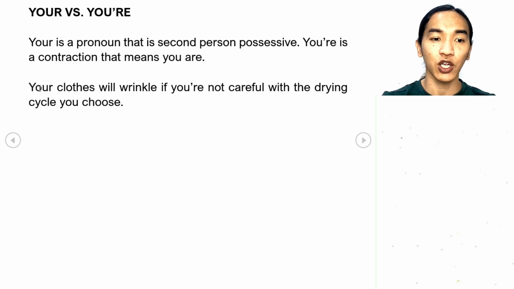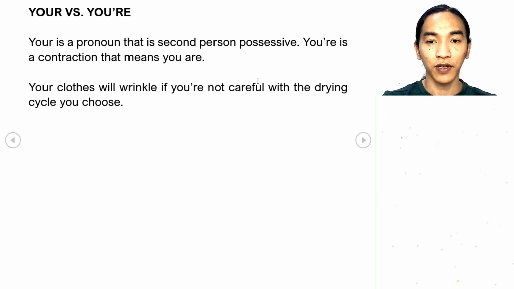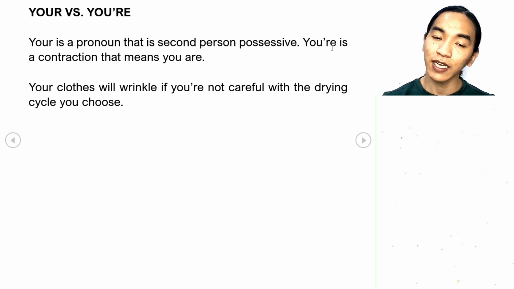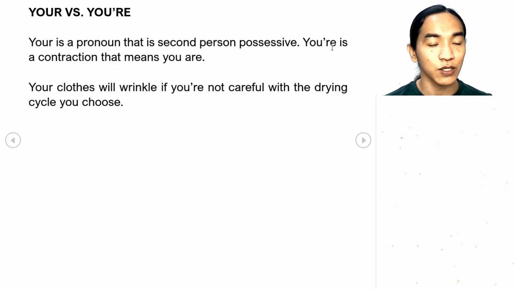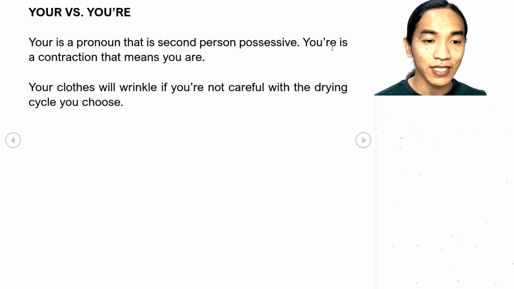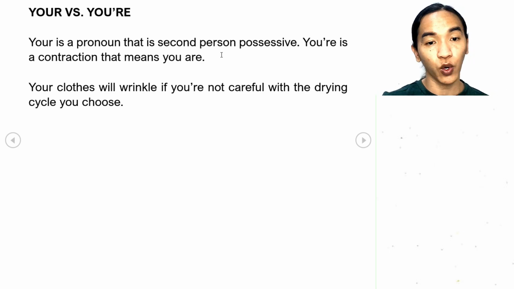As you can see here, your clothes, so it's a possessive adjective. You're not careful, you are not careful. What you have to take note of with these words is how to grammatically use them in your sentences. Know if it's you are or your as a possessive adjective.